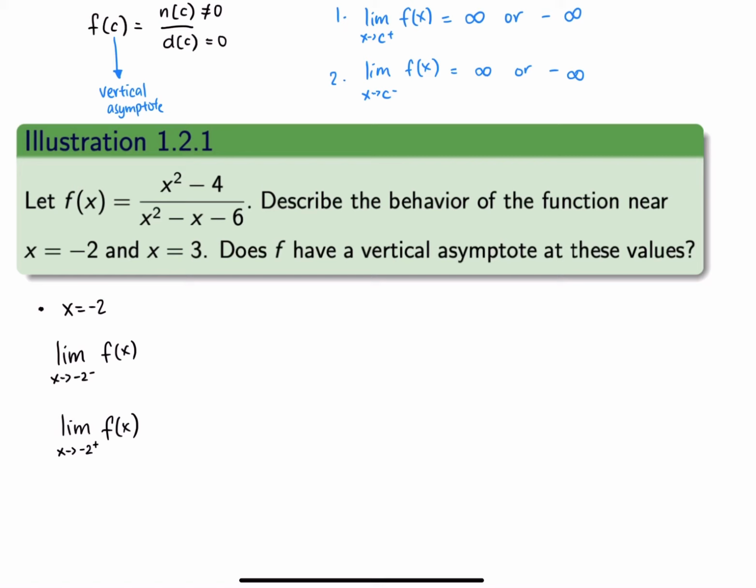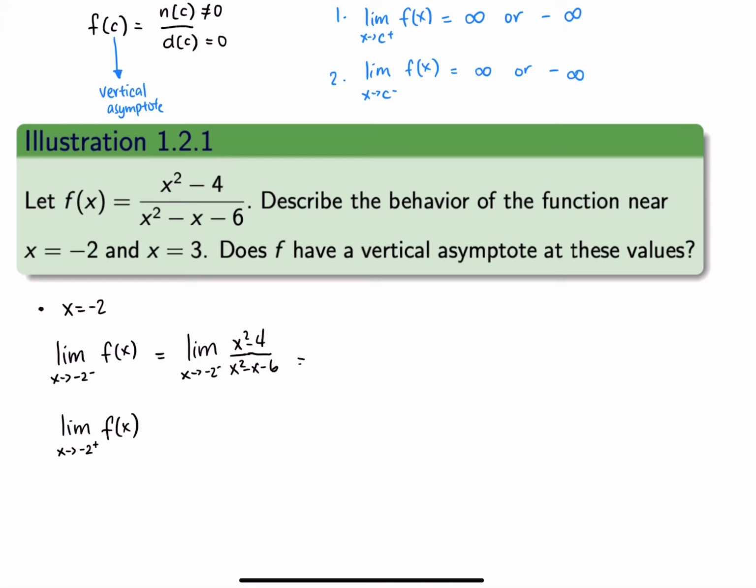Let's start with negative 2 from the left. This is equal to the limit of x squared minus 4 all over x squared minus x minus 6 as x approaches negative 2 from the left. Note that by direct substitution, this will give us 0 over 0, which is an indeterminate form, which means that we need to factor the numerator and the denominator and cancel like terms.